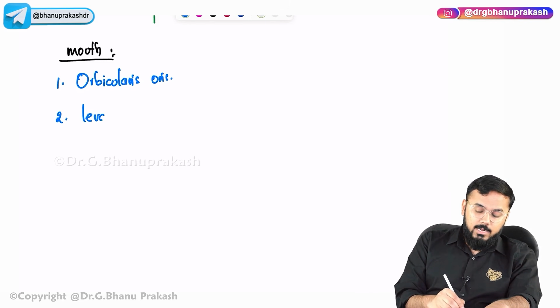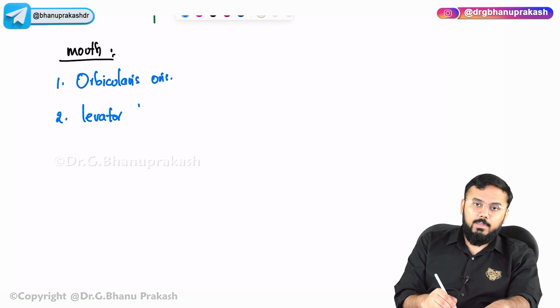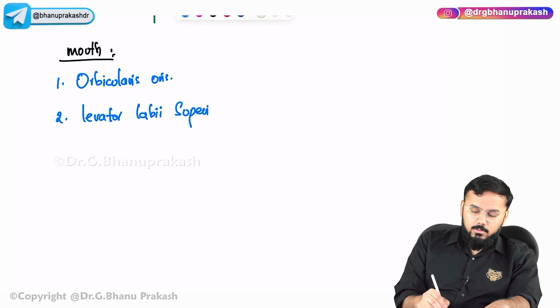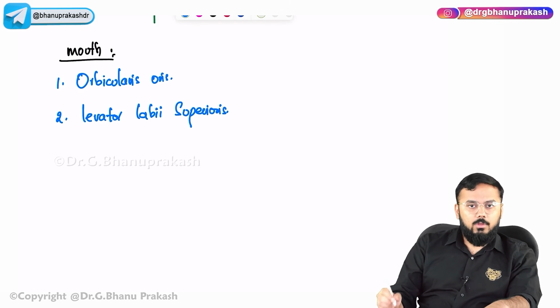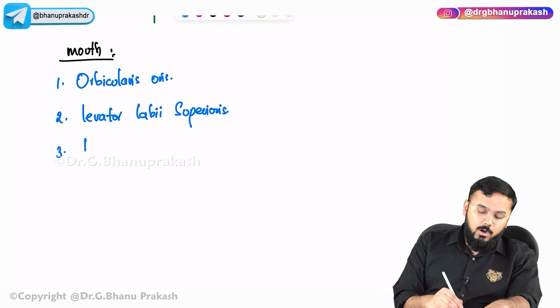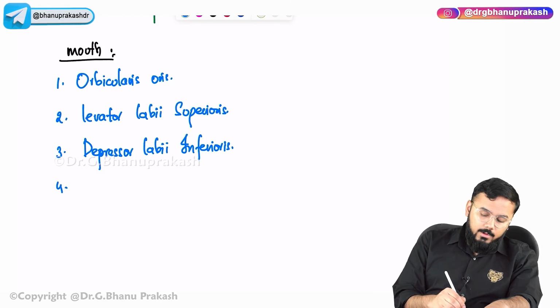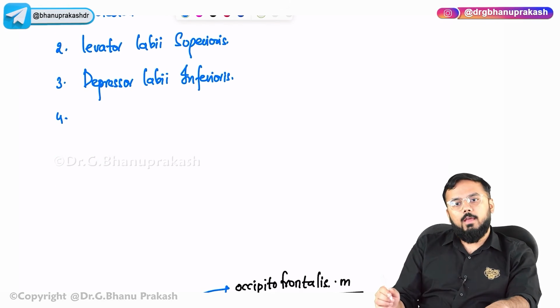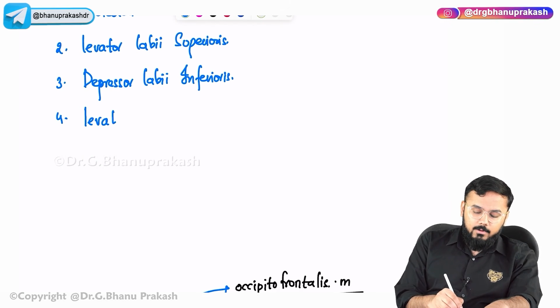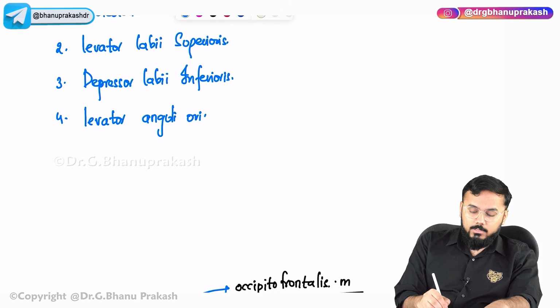What is this called? Yes, this is called levator labii superioris. Next, we have depressor labii inferioris. Next, to the angles of the mouth, we have levator anguli oris.